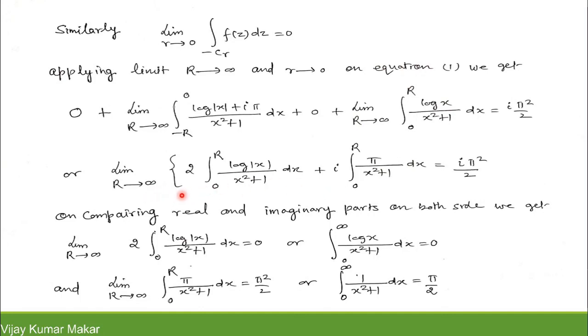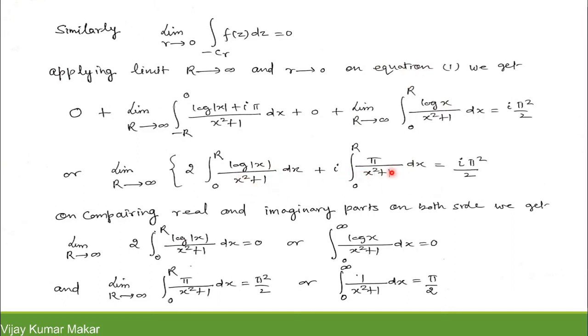Now we adjust these two integrations, because this function is an even function, so the value is twice the integral from 0 to infinity of log modulus x upon x squared plus 1.